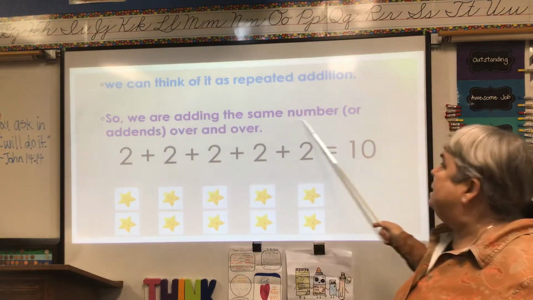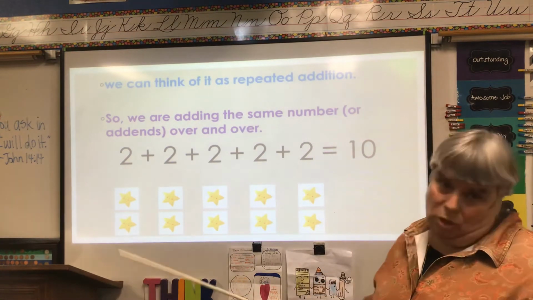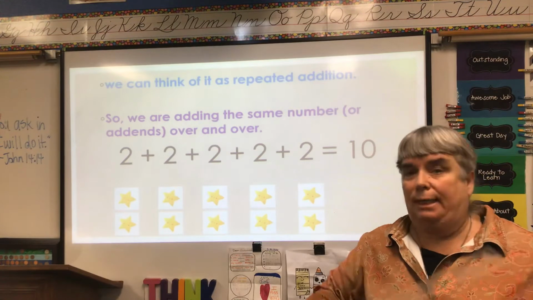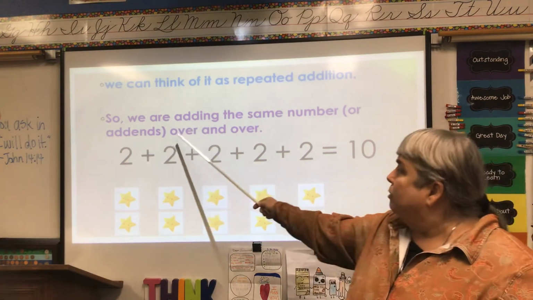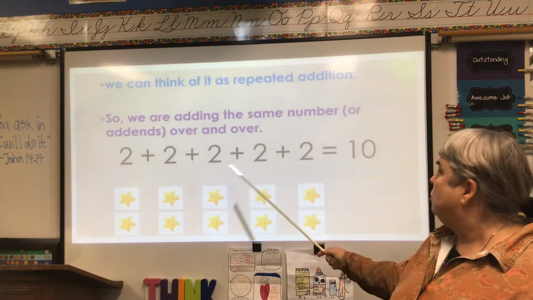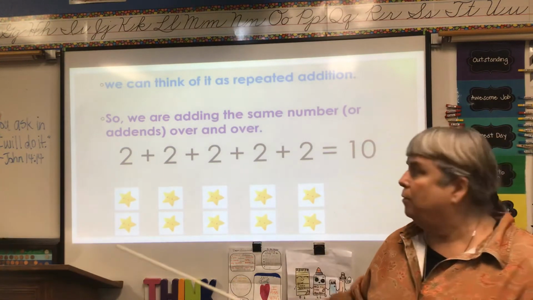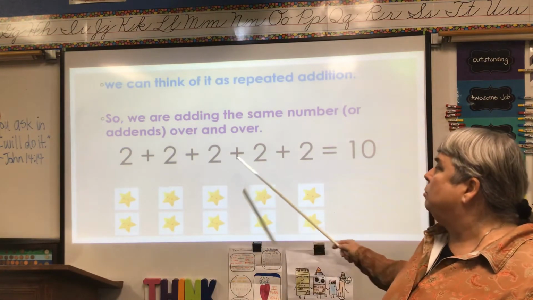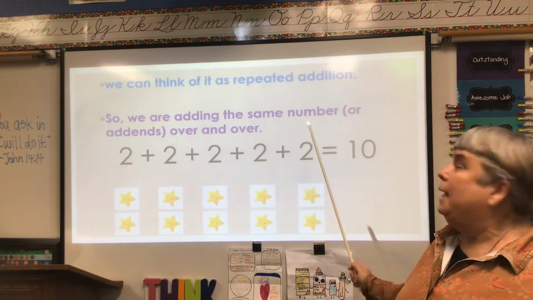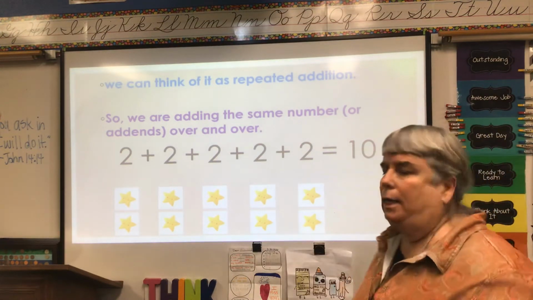So we are adding the same number, or addend, because we know numbers in an addition problem are called addends. We can add those over and over. So right here, the multiplication problem is 2 times 5, but we can think of it as 2 plus 2 plus 2 plus 2 plus 2 equals 10. It's just another way of looking at it.